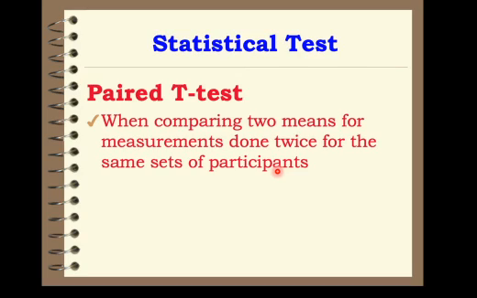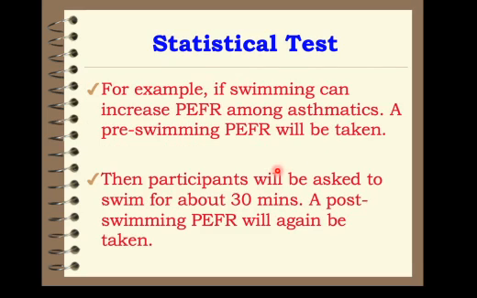procedure or treatment test. So for example, we want to look into whether swimming can increase PEFR among asthmatics. PEFR is peak expiratory flow rate, and a pre-swimming peak expiratory flow rate is taken. And then the participants are asked to swim for about 30 minutes, and then after swimming for about 30 minutes, a post-swimming PEFR will again be taken.